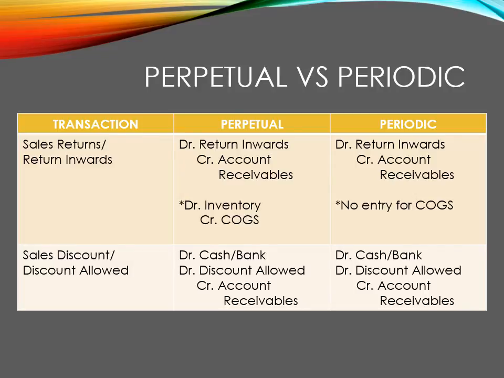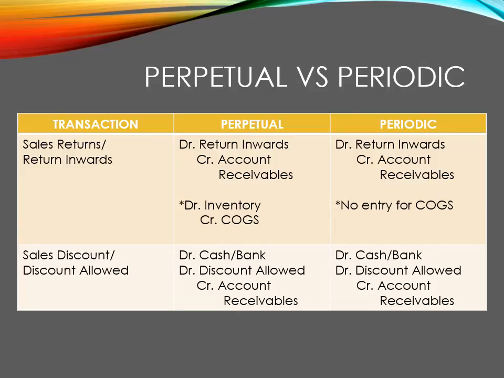Again, you must remember that for sales return, the value and the account receivables value are at sales price. However, for the inventory and the cost of goods sold, they must be at cost value. So you need to find out, for that particular inventory, what is the cost or the purchase value of that inventory.